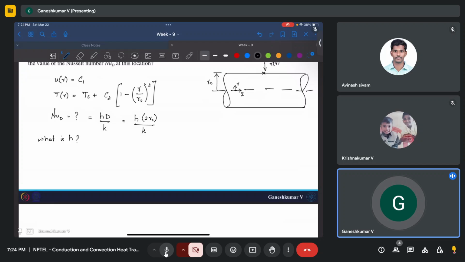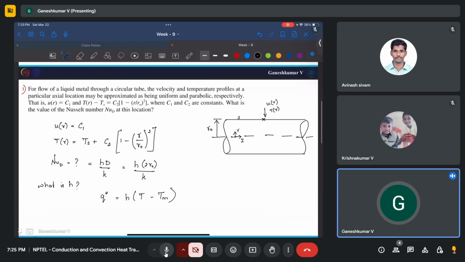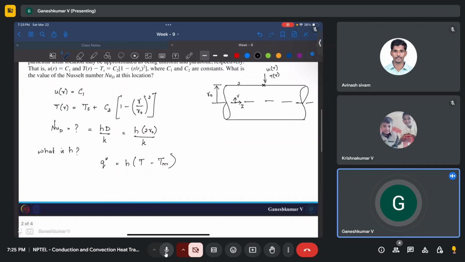If you want to know h, how would you find it? The only place where we deal with h is heat flux, right? So if we express the wall heat flux, it is going to be h times T wall minus Tm. Here the wall is nothing but the surface, so we can express it as Ts minus Tm.